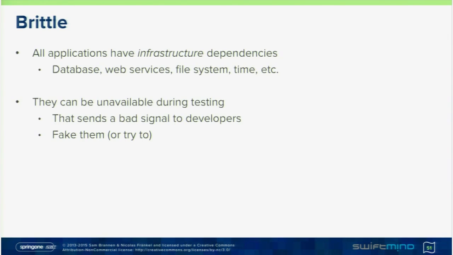And what happens at some point is that the test gets removed because you don't trust it. So fake your dependency. Make your test as independent as possible from your environment. So when it breaks, you know it's your code. You know it's not a dependency.